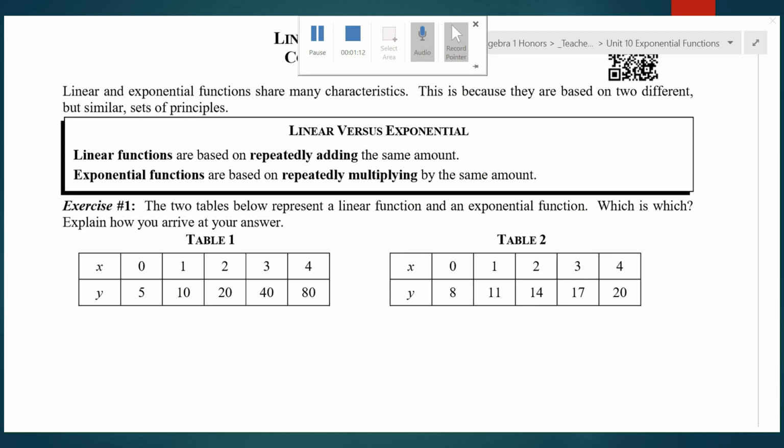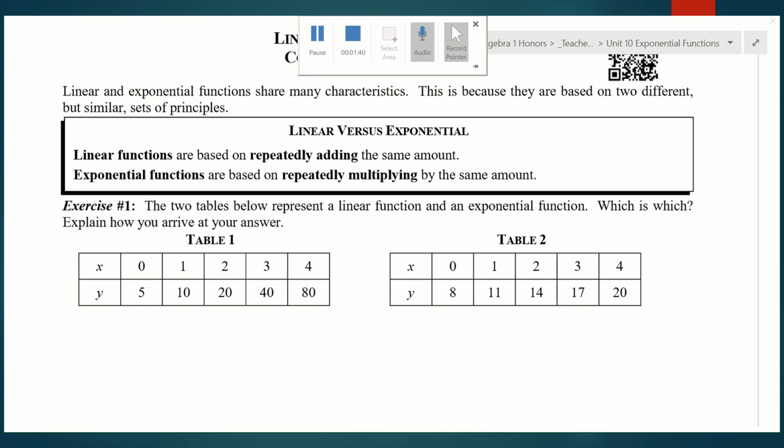So we're going to first compare two tables. For exercise 1, the two tables below represent a linear function and an exponential function. Which is which, and explain how you arrived at your answer. If we look at table 1, what we want to see is how the y value is increasing. 5 plus 5 is 10, but then 10 plus 10 is 20.